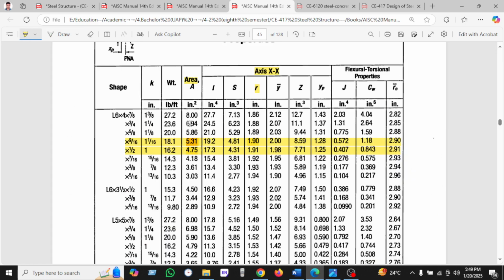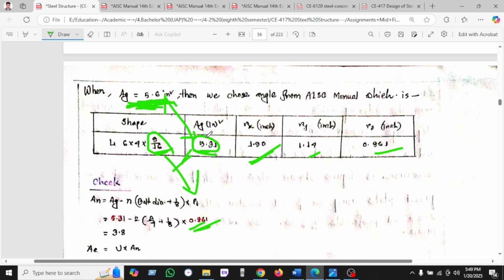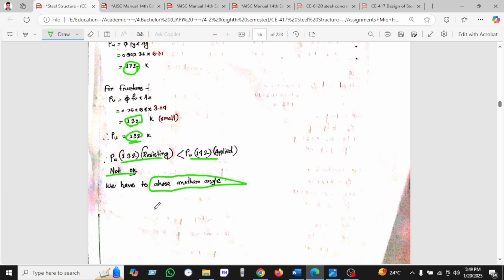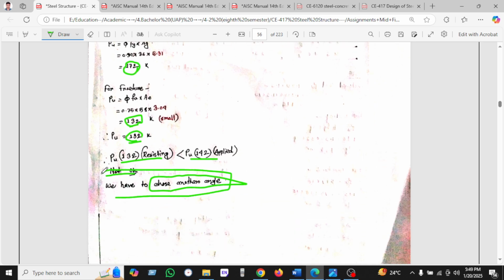If we choose this value, then the section will pass, which is L6 by 4 by 3/4. As we took the Ag value intentionally less than the desired value, we have to choose another angle.